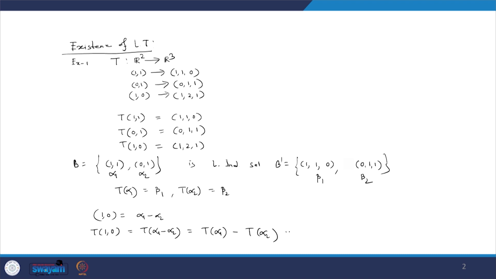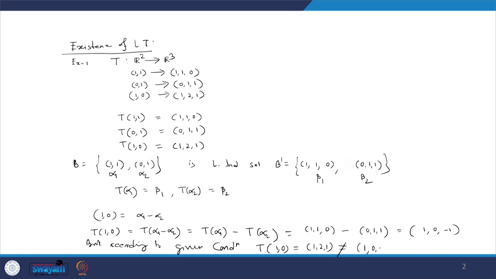And how much is this? T of alpha 1 is beta 1, that is (1,1,0), minus (0,1,1), which equals (1,0,-1). So the image of (1,0) is like this, but by the given condition, T of (1,0) equals (1,2,1), which is not equal to (1,0,-1).